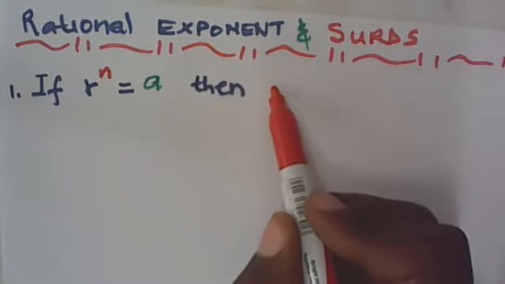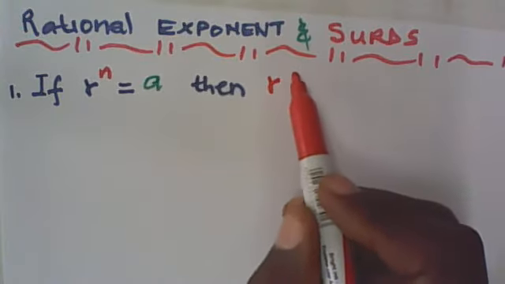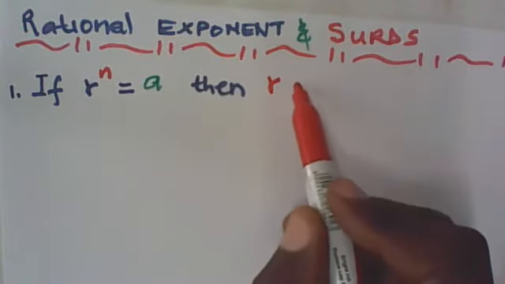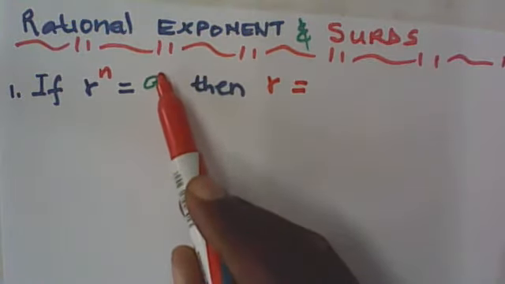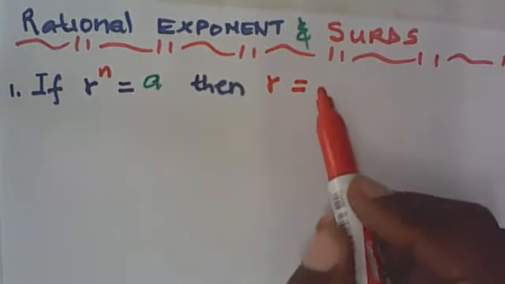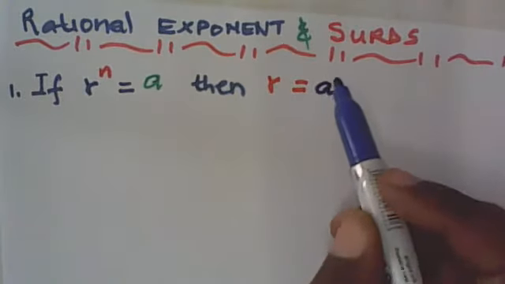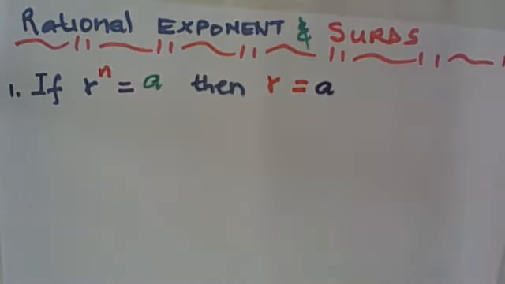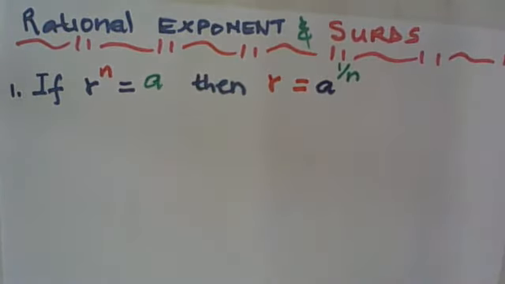Now that will be r to the power n multiplied by 1 over n, and that will be 1. Good. And then here it's a to the power 1 multiplied by 1 over n. Then that will be a to the power 1 over n.